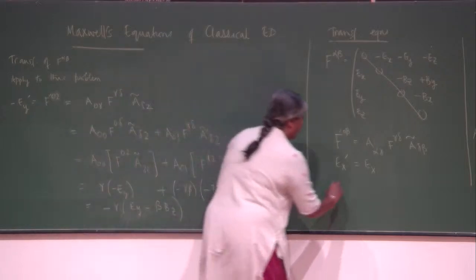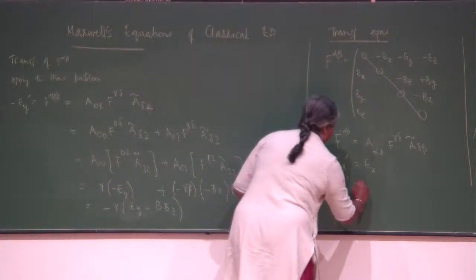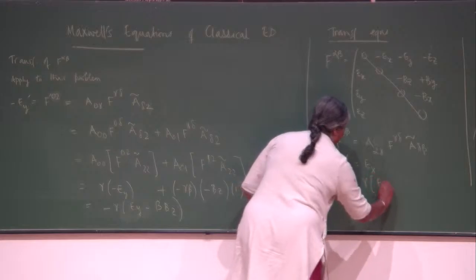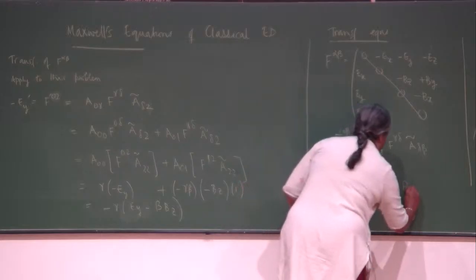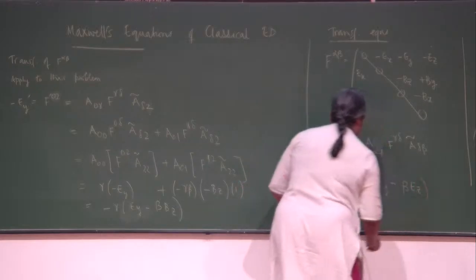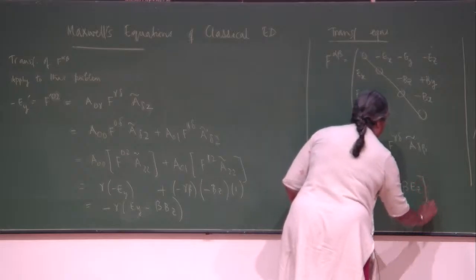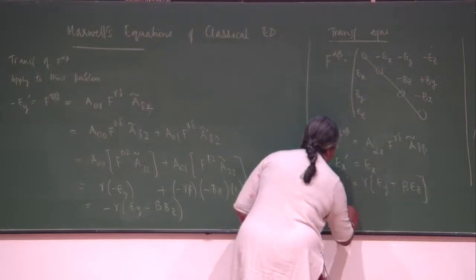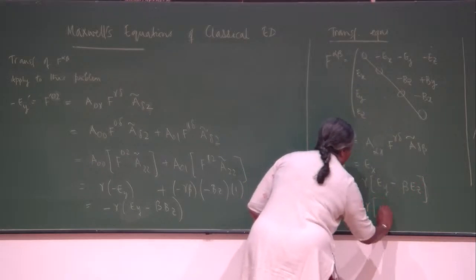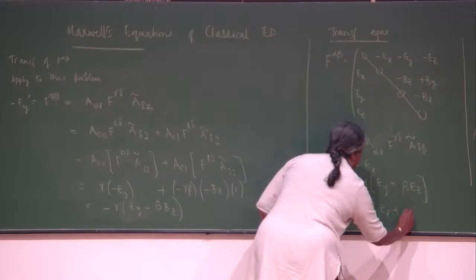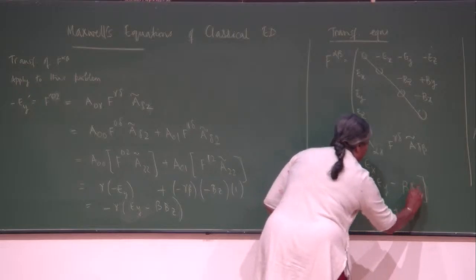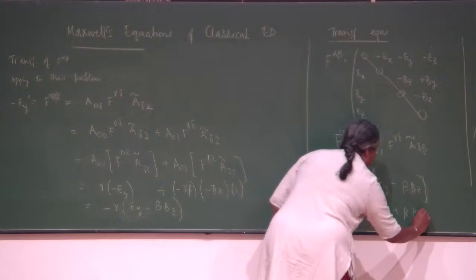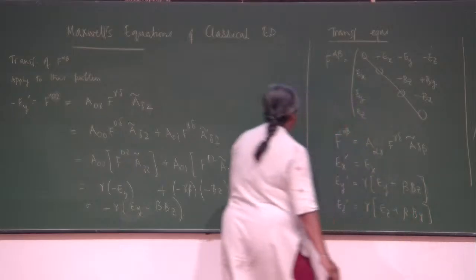That means Ey prime is equal to gamma times Ey minus beta Bz. By the way, in general, this is 0, but you will get this if you did it in the general case. Okay?